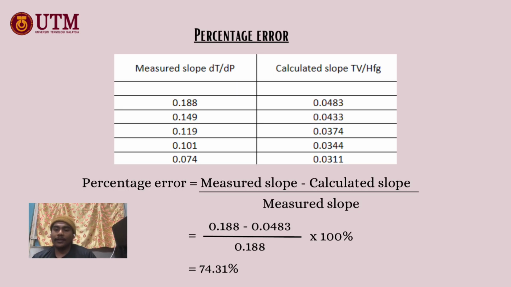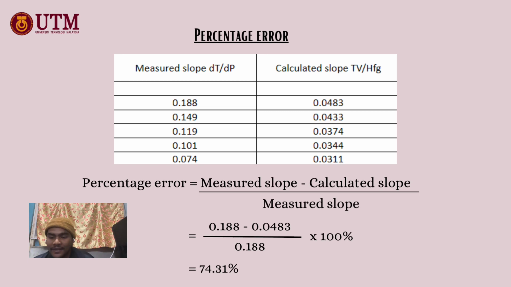And next, we have the last section in the results, which is percentage error. In this slide, we have put a table that has two columns. The first column is measured slope, delta T over delta P, and the second column is calculated slope, Tv over hfg.